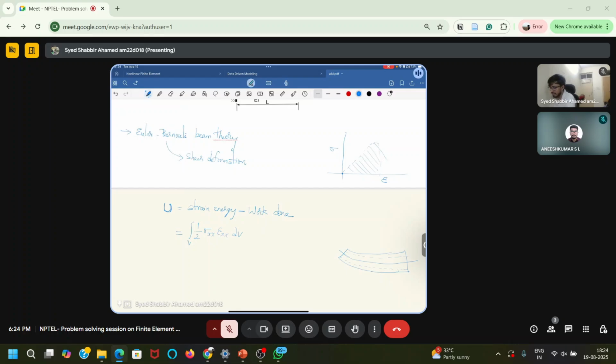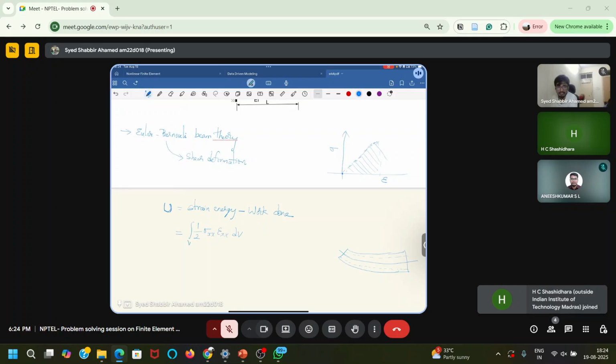That's how this formula comes in. Because the structure we are looking at is a linear elastic structure, that's why this is a triangle. So strain is directly proportional to stress, which you might have also heard as Hooke's law, for linear elastic materials.